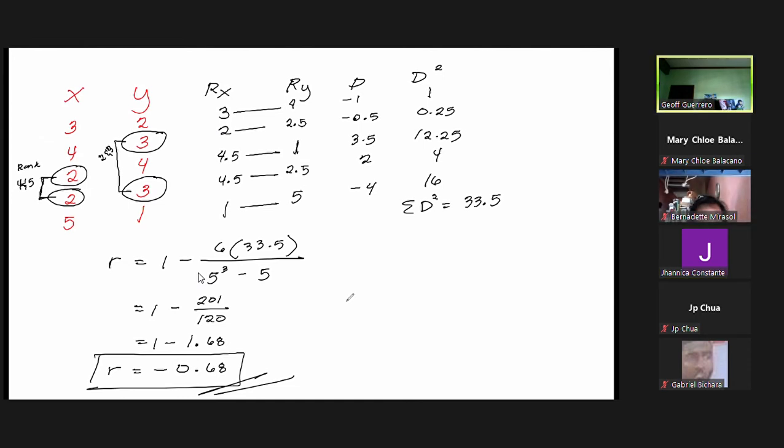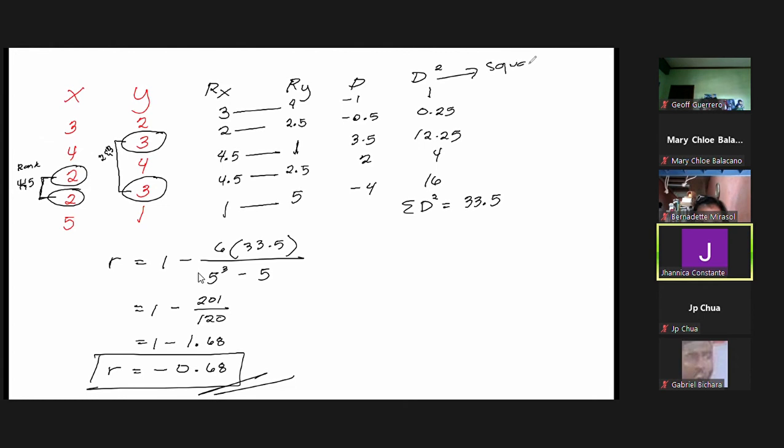What's D squared, teacher? What is D to the power 2? D squared is the summation of the squared difference between the rank of X and Y. You square this one, that is your D squared.